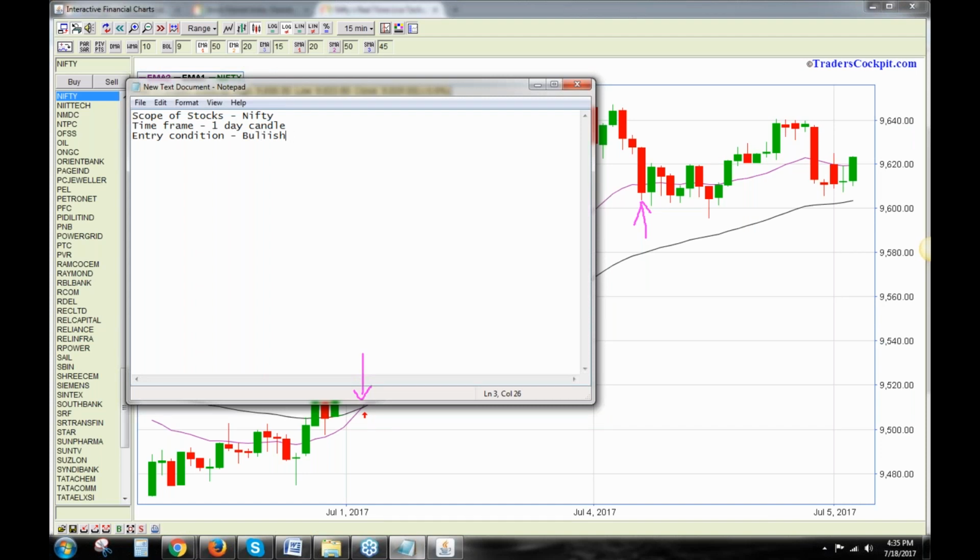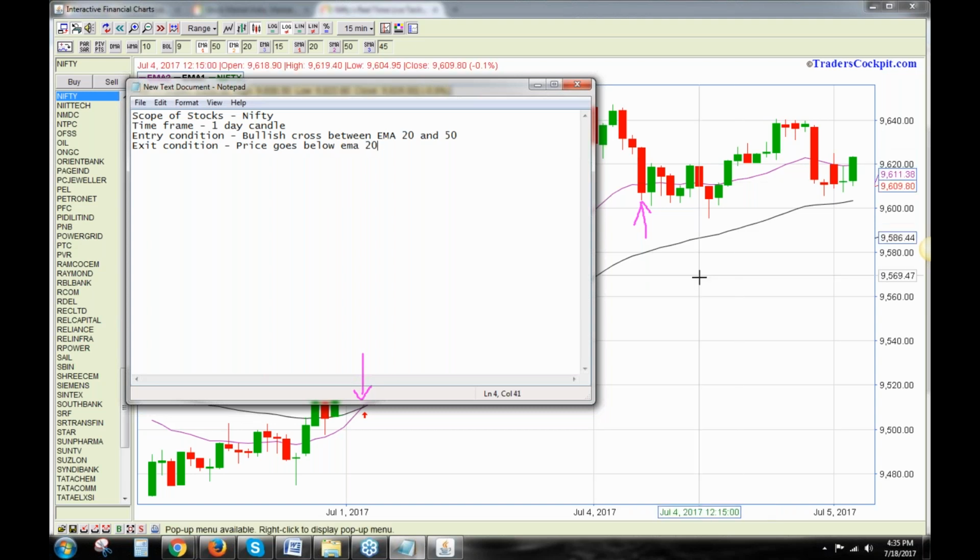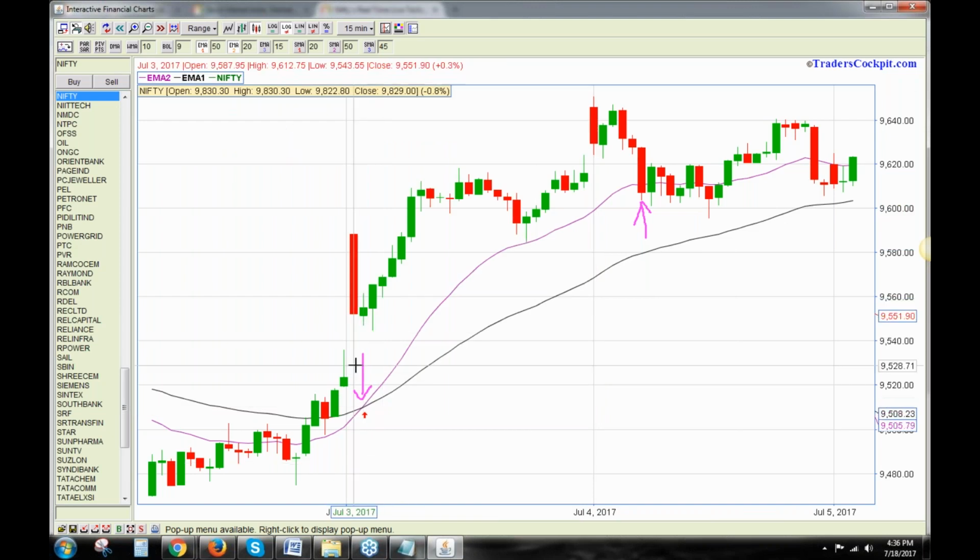So this becomes your entry condition, and exit condition is when price goes below EMA 20, as it happened on the charts here, which you can see in the backdrop here. Like this becomes your condition for entry, and this becomes your condition for exit there.